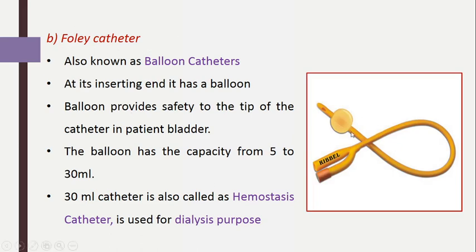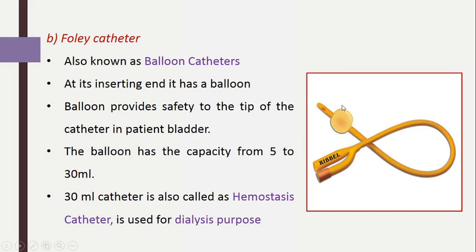You can see in this picture, at the inserted end there is a balloon. That's why the name given to this catheter is Foley's or the balloon catheter. At the inserting site it has a balloon.